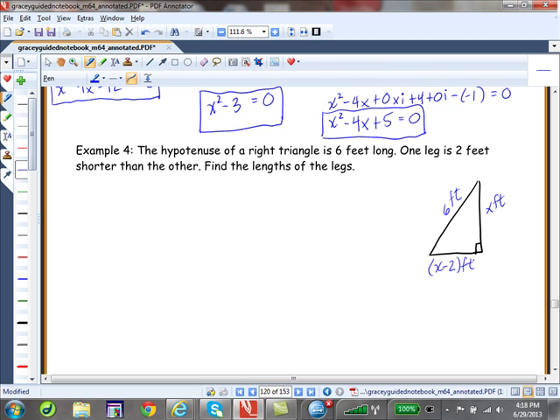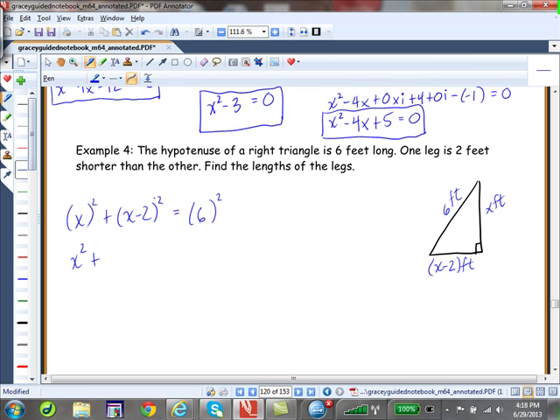So using the a squared plus b squared equals c squared idea, we'll have x squared plus x minus 2 squared, because those are the legs of the right triangle, is equal to 6 squared.